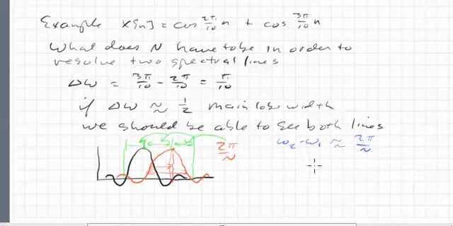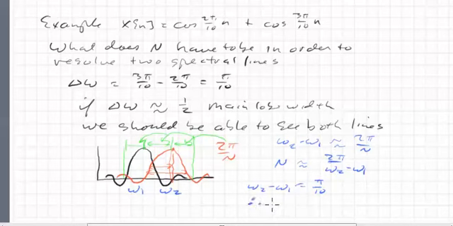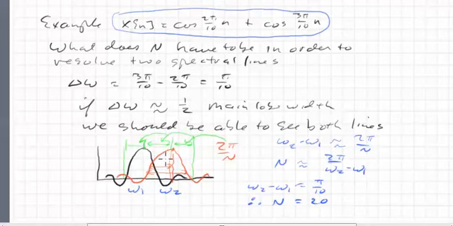Okay, separation of two lines, 2 pi over n. So that means n should approximately be equal to 2 pi over omega 2 minus omega 1, where that's omega 1, that's omega 2. Now, for example, in our case, omega 2 minus omega 1 was pi over 10, and if we plug that into this formula, we get that n is about 20. So we need about 20 samples of this signal in order for us to resolve the two spectral lines and see that there's two frequencies.